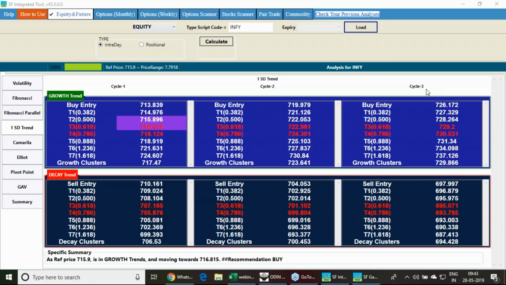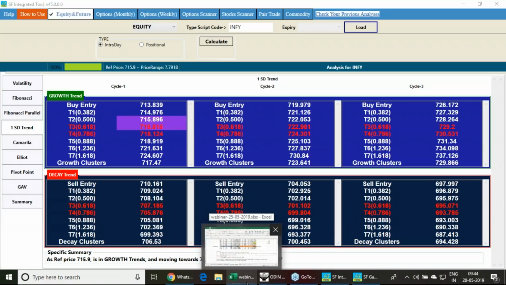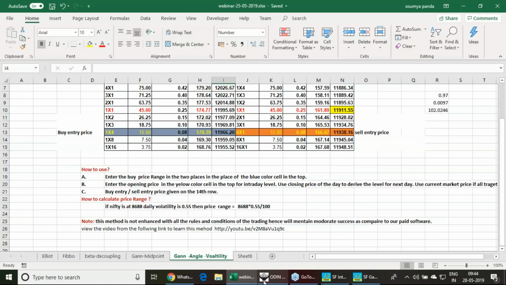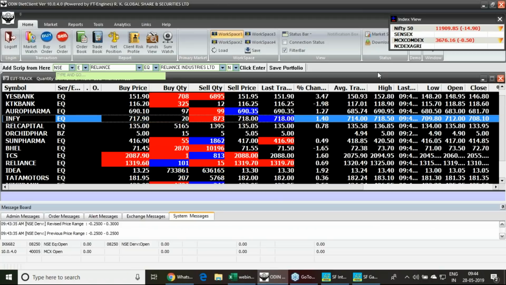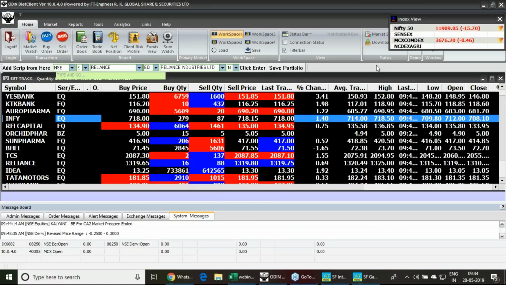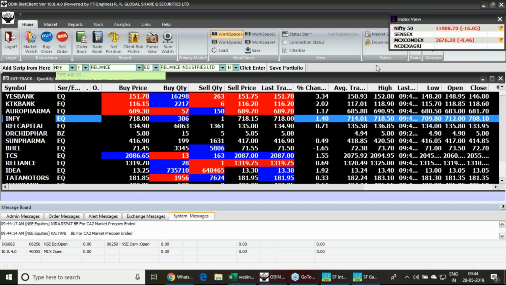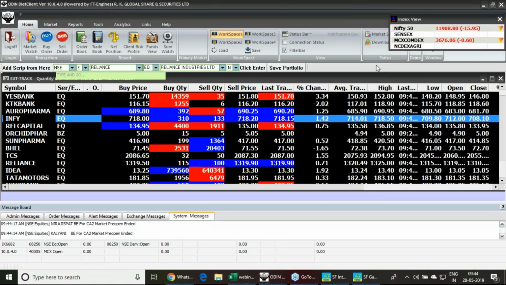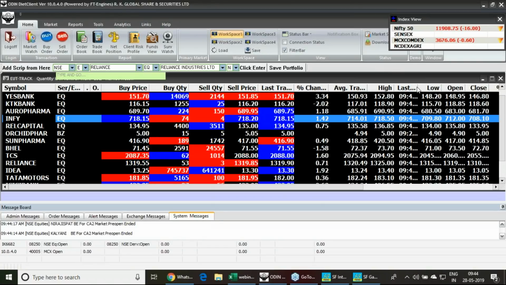Ram Kumar ji, software will definitely show different levels, Hanumanji, because software takes real-time volatility. I have already explained that to you in that session. In software we are using real-time volatility, that's why those levels will be different.